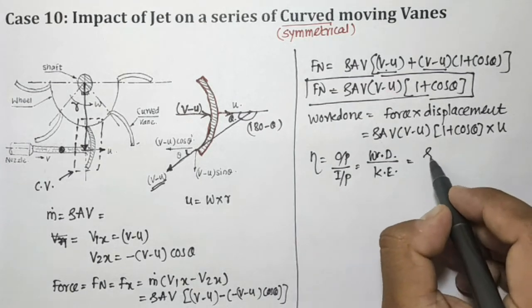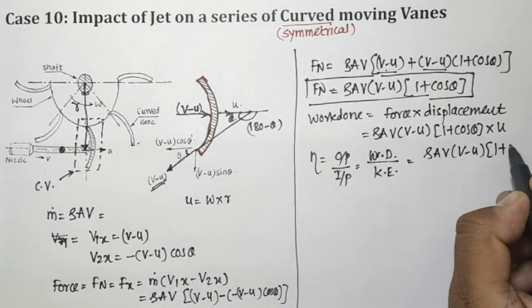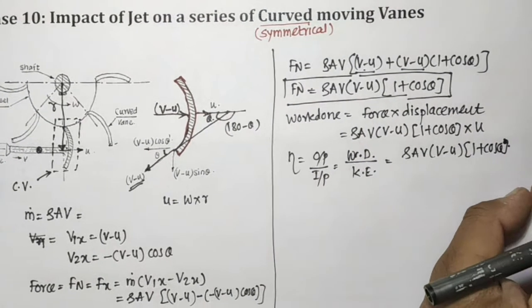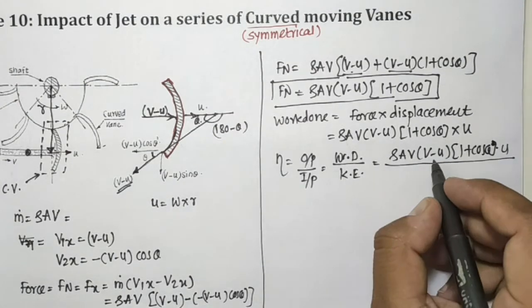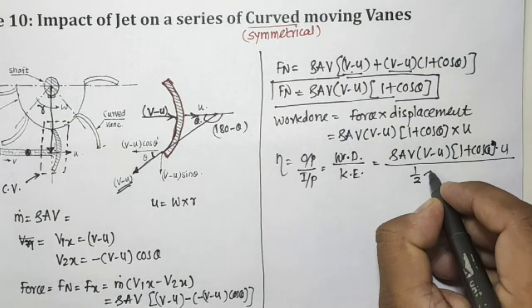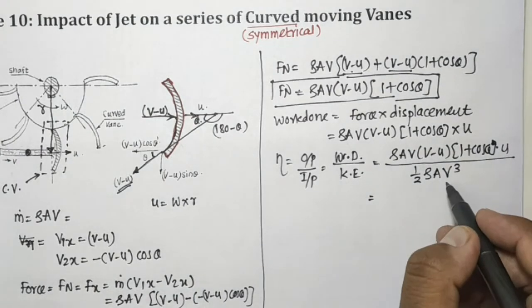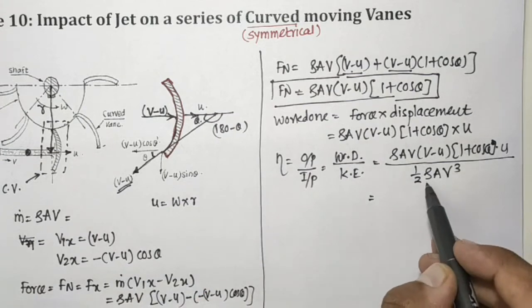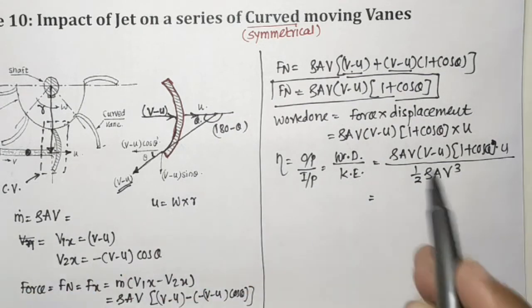So it will be like this: rho a v (v minus u)(1 plus cos theta) into u divided by 1/2 rho a v cube. So mass flow rate is rho a v, and if we consider that 1/2 m v square thing, v square into that single v will become v cube.